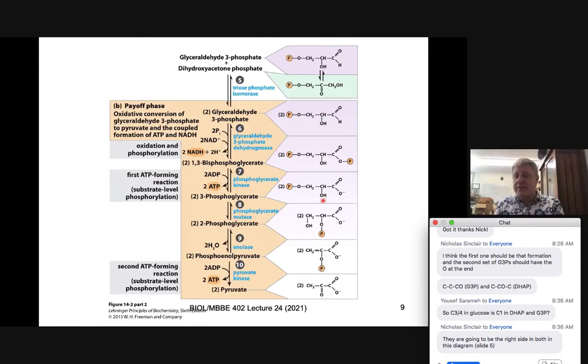In that particular position, this guy is more susceptible to leaving, but ideally we're going to try and reduce this particular guy first off by utilizing the loss of water, because we're going to form a double bond here, and that is going to happen through an enzyme called enolase, which again is reversible, by taking this time the 2-phosphoglycerate. So we've gone from 3-phosphoglycerate to 2-phosphoglycerate, releasing molecular water and producing then 2 moieties of phosphoenol pyruvate.